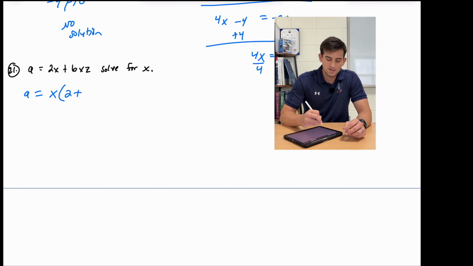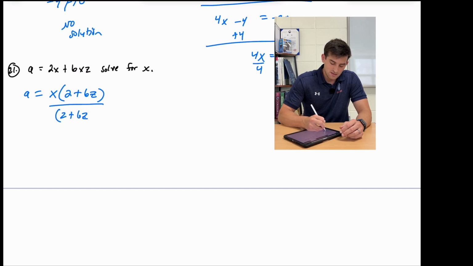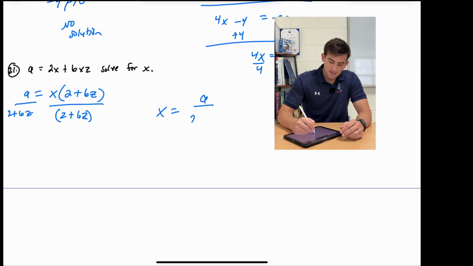And x times what is 6xz? That would be 6z. Now we have x isolated for the most part, so we can divide both sides by 2 plus 6z. So now we can say x is equal to a divided by 2 plus 6z.